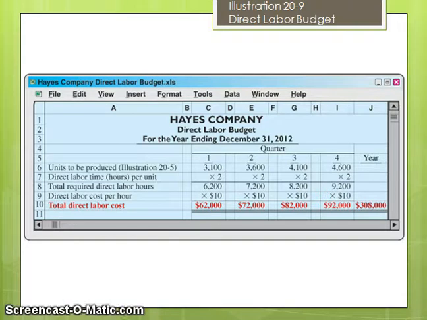So for first quarter, that means I'm going to have 6,200 hours to make those 3,100 units. Again, I need this in dollars, so I need to look at how much I'm paying my labor. We have a labor cost of $10 per hour. So I'm going to have $62,000 in direct labor charges for the first quarter. Again, we're going to do the same thing for each of the remaining quarters and add them together. So for the year, I have $308,000 in total direct labor costs.